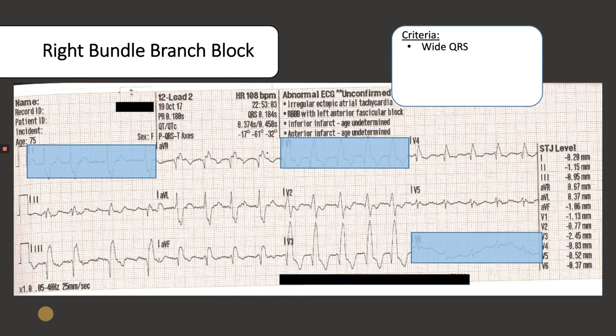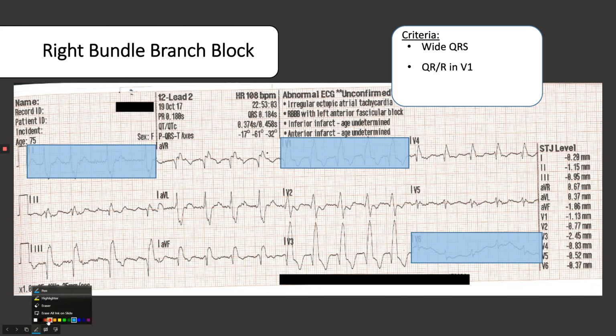Second of all, oh look, we're going to look in the exact same leads as we did before: lead 1, V1, and V6 for the rest of these criteria. So super simple, right? Now, we're going to look at V1 first. And much like in the left bundle branch block, I'm looking for a very specific wave morphology here.